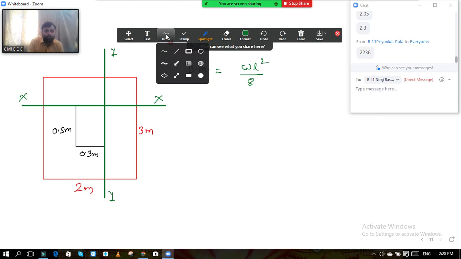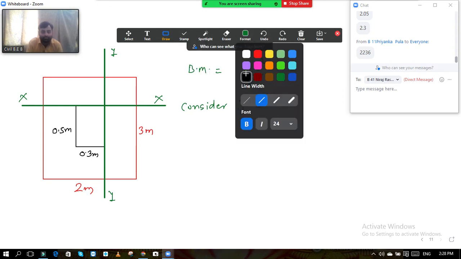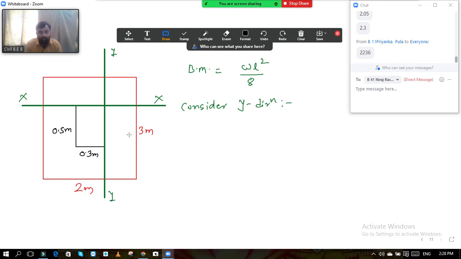First of all we will go with Y. Consider the Y direction. I will draw a separate diagram for your understanding. Again I will draw this column.